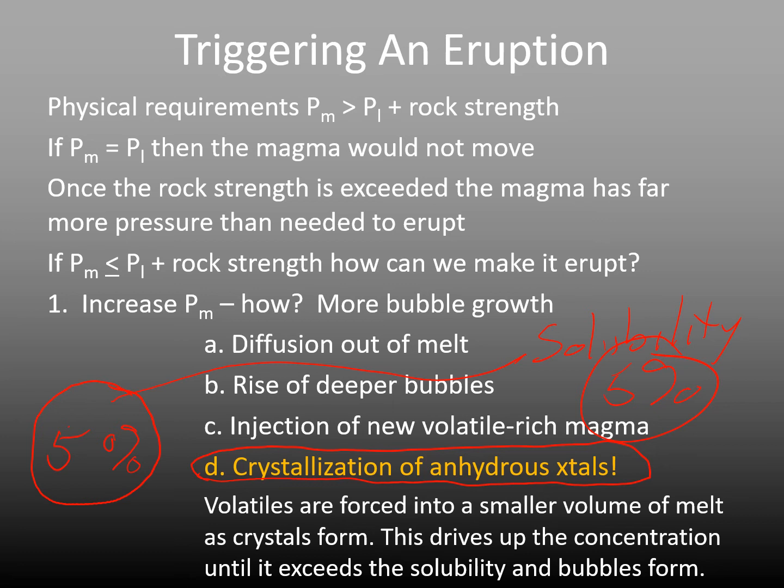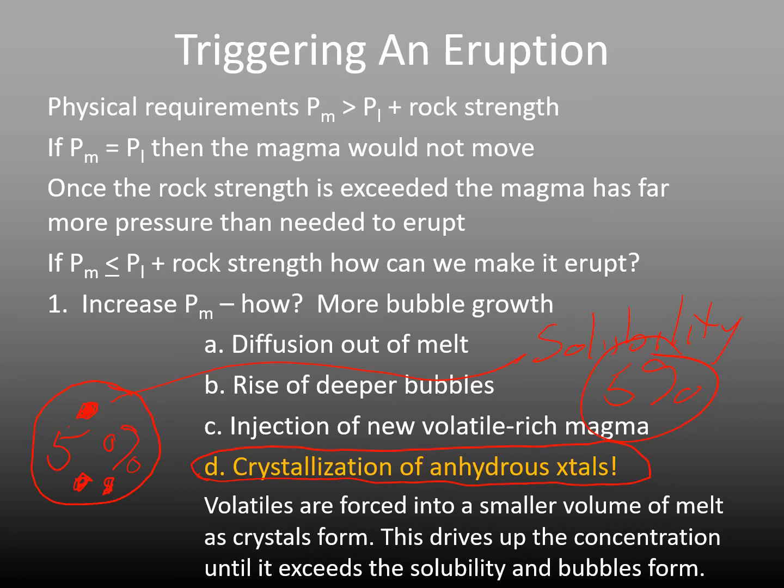What if you crystallized half of it? Make little crystals form here that don't incorporate any of the volatiles. And let's say you did that to 50%. That doubles your concentration, doesn't it? Because all those volatiles are staying in the remaining melt, which is now half the size.